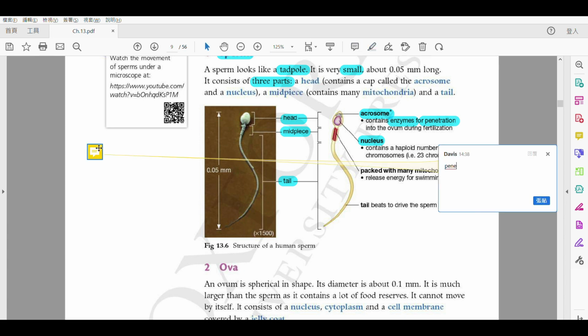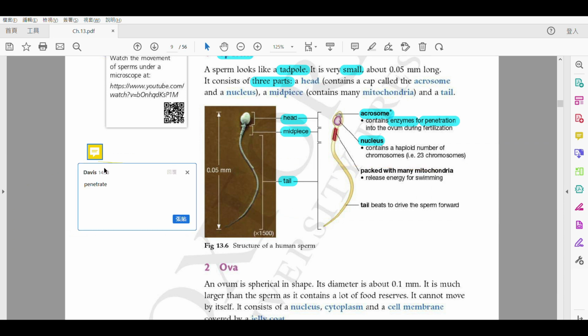Penetrate means to go through. It penetrates the jelly coat. We'll learn about this very soon when we get to the ovum. So it will secrete the enzyme to digest the jelly coat.